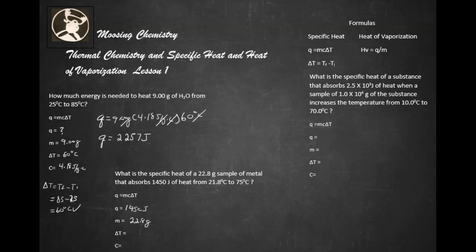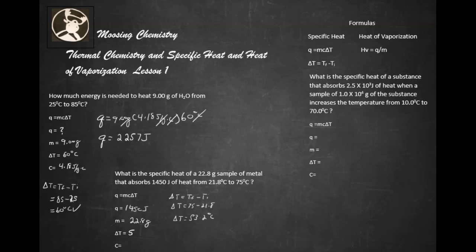And our delta T, now remember delta T is equal to T final minus T initial. So delta T is equal to 75 minus 21.8. So our delta T is equal to, of course, 53.2 degrees Celsius.